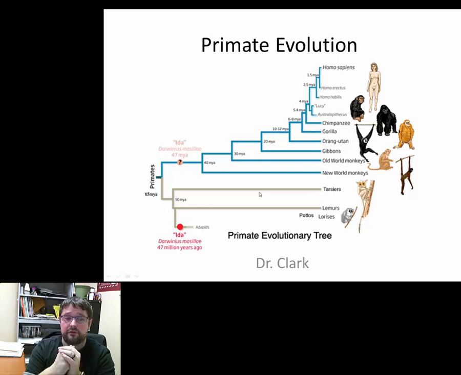Okay? And we don't know yet where Ida fits, if Ida is part of the monkey line, or if Ida is part of what we call the lemur line. And so we're not sure yet. This fossil has characteristics of both.